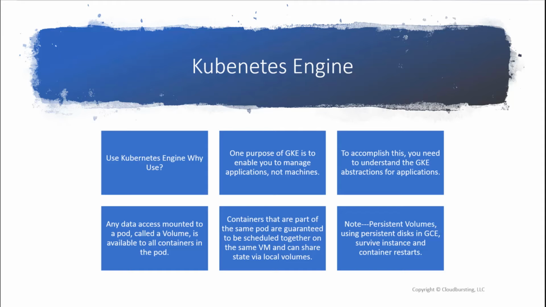And then anything else, for example, that's available to all containers is also in the pod as well. Now, containers that are part of the same pod are going to be scheduled together. And this is where Kubernetes Engine really comes into play, because you're going to deploy a cluster, for example. Also note, if you want to deploy your containers using persistent disks, this can also provide some additional benefits as well.